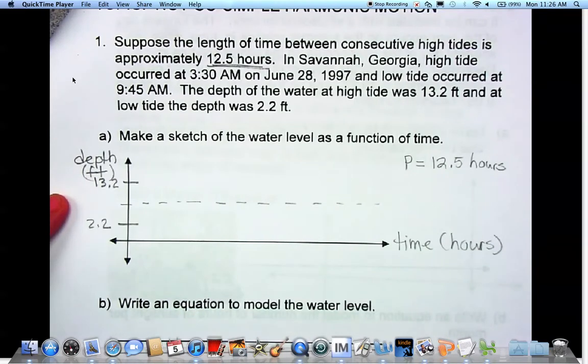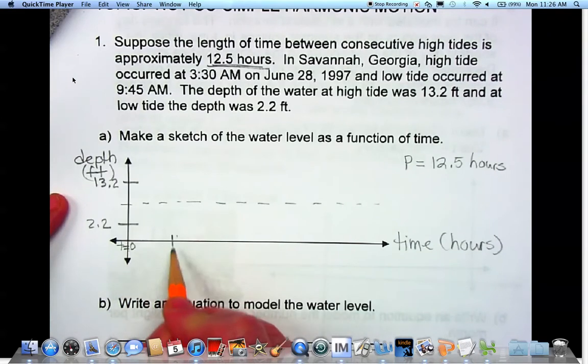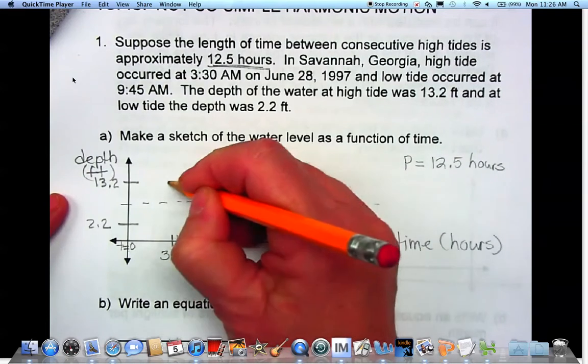Okay, now, the high tide occurred at 3:30 a.m. So if we're starting at t equals 0, which would be like midnight, then the first high tide would be at how many hours? 3:30 a.m. would be how many hours? 3.5. Good. There's a high tide.